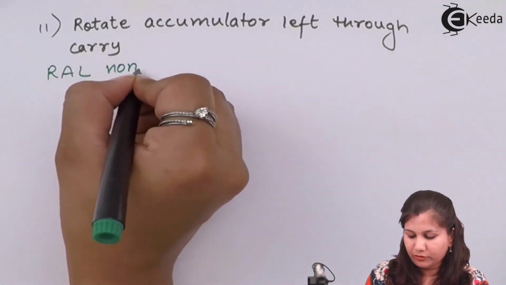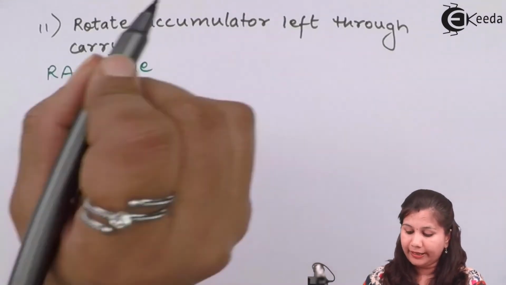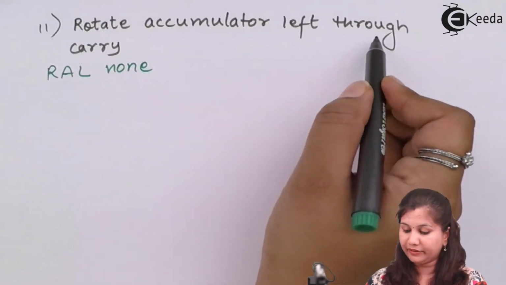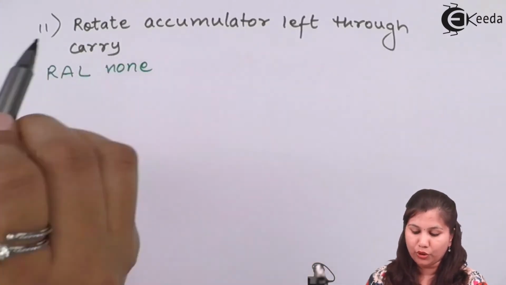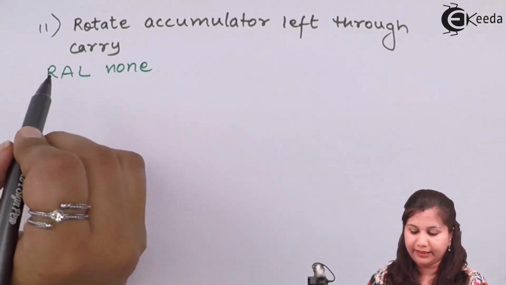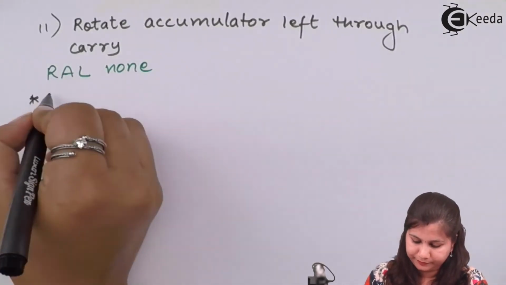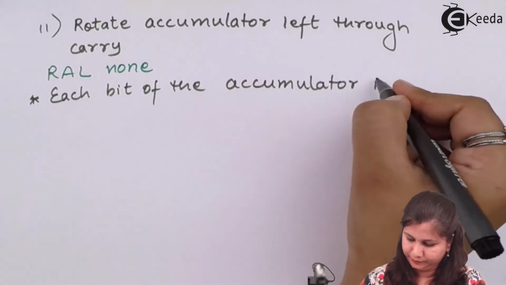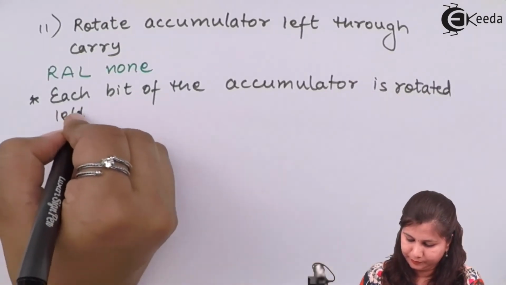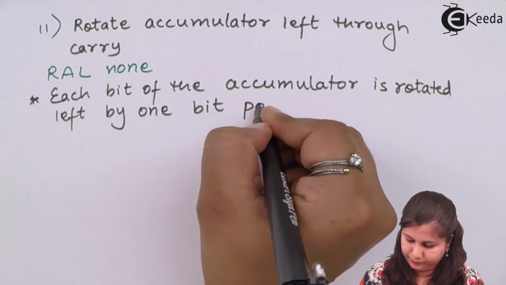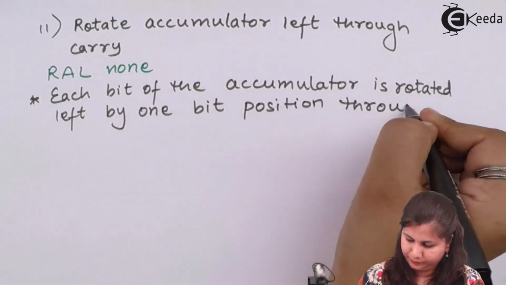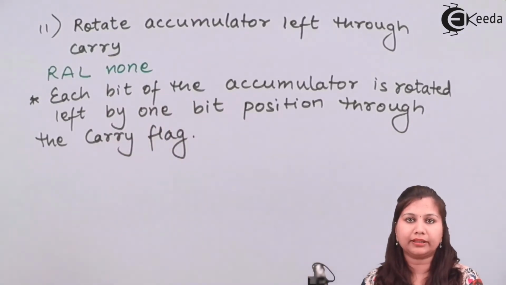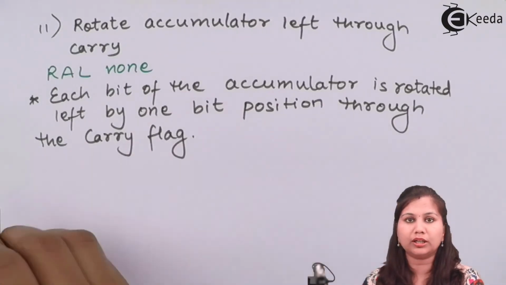No operand is there. The operand is again the accumulator, and now we are going to rotate the contents of the accumulator to the left hand side, but here we are using the carry flag also. So here we have RAL. Here the rotation is done, but this rotation is done through the carry flag.